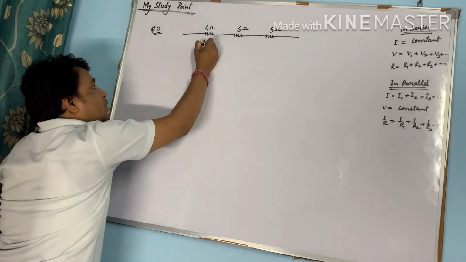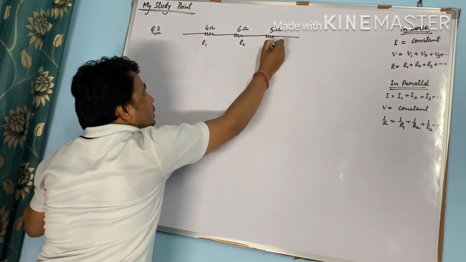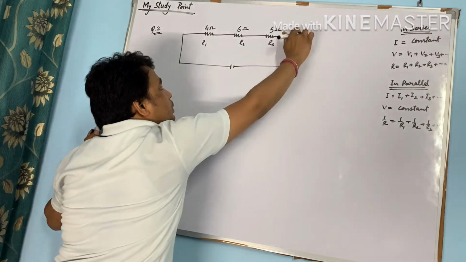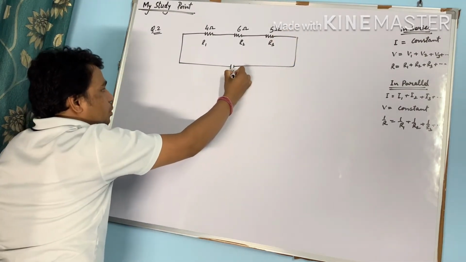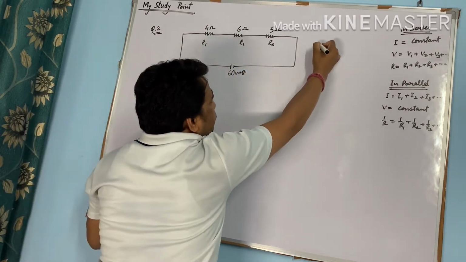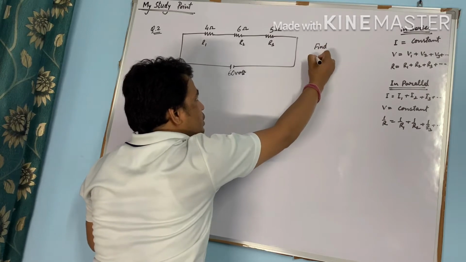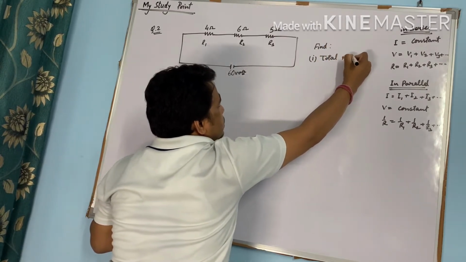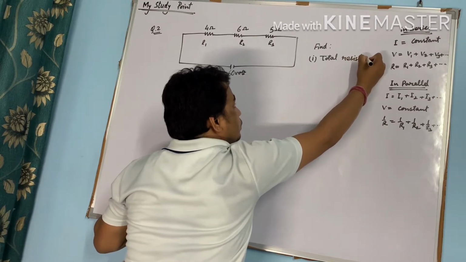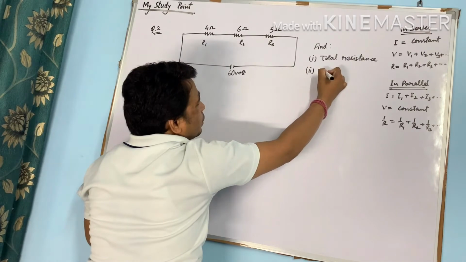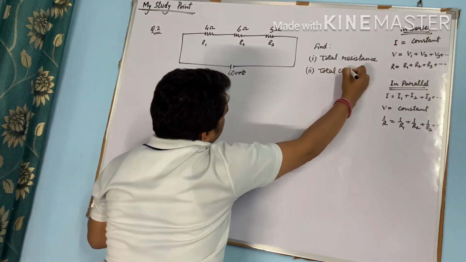Okay, R1, R2 and R3 connected to a battery of 60 volt. We have to find first total resistance, second total current.